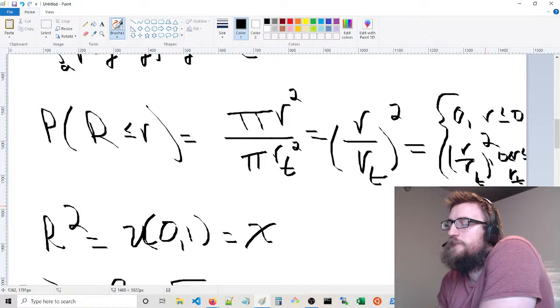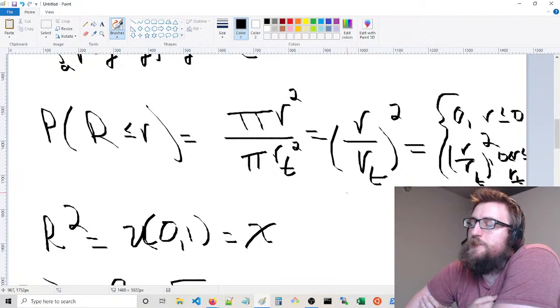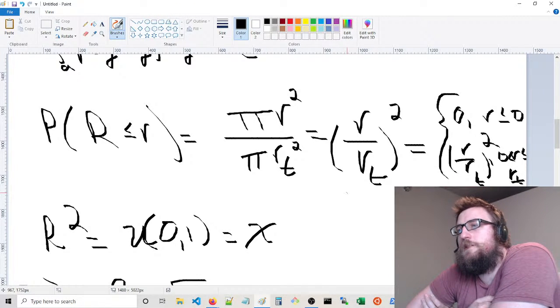The probability that r is greater than rt is sort of artificially 0, but if we make rt kind of like an arbitrary circle, I guess, then yeah, I guess you have an infinite number of points that are larger than rt.